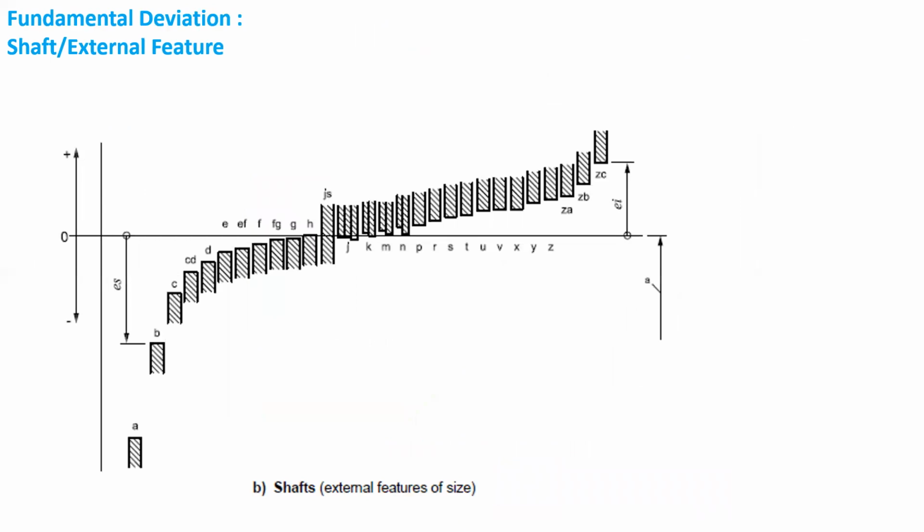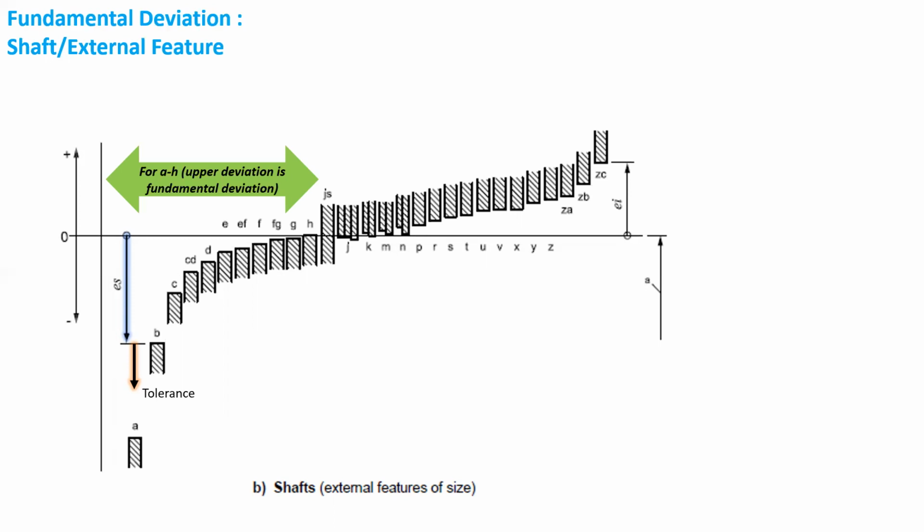Similarly, for the shaft or external feature, the fundamental deviation is determined from this figure. Here we can see that for a shaft designated by lowercase b, the upper deviation is the fundamental deviation and the tolerance zone will extend downwards from the fundamental deviation.